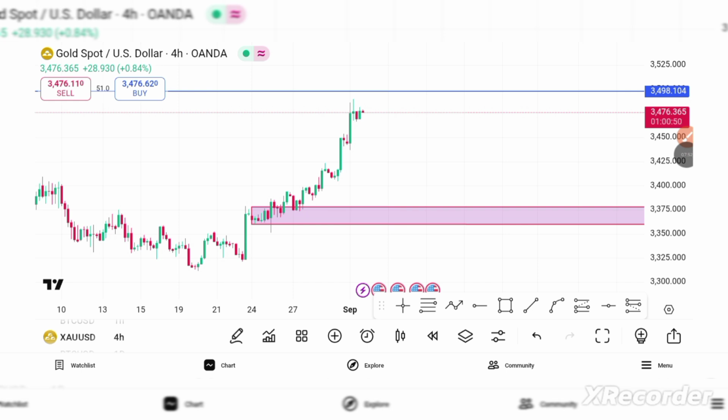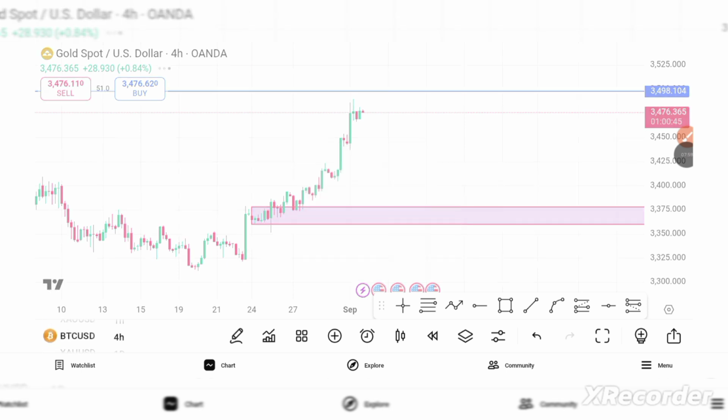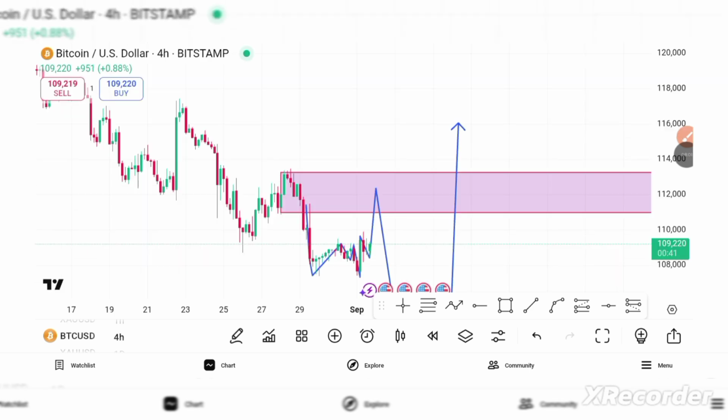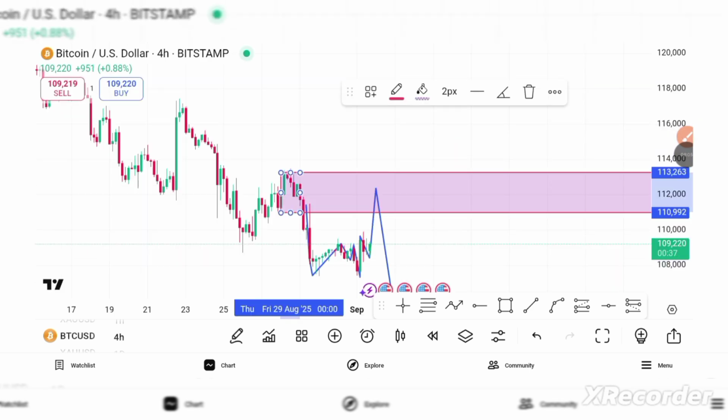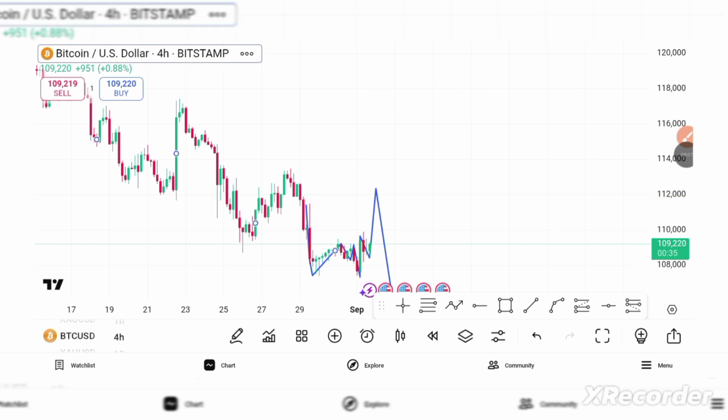So okay, let's go down to BTC-USD. On BTC-USD, let's go to the monthly time frame. May I start my analysis from the monthly time frame because I don't want to get lost.